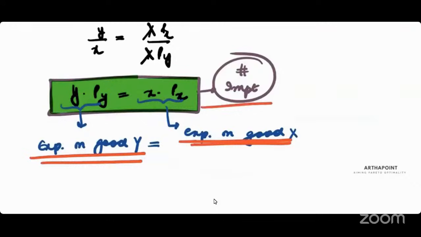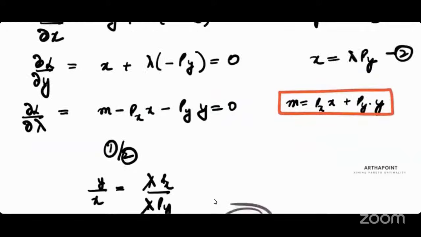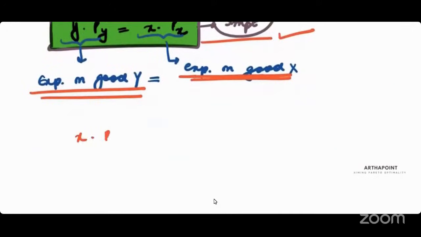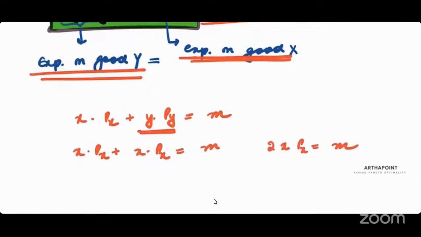Now, I have got this: XPX is equal to YPY. I also have a third equation that XPX plus YPY is equal to M. So I'll substitute here. Because XPX is equal to YPY, here also I will write XPX equal to M. And I will get 2XPX is equal to M. And I will get X star is equal to M by 2PX.